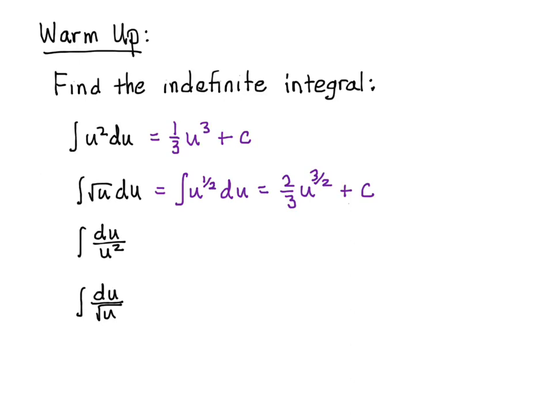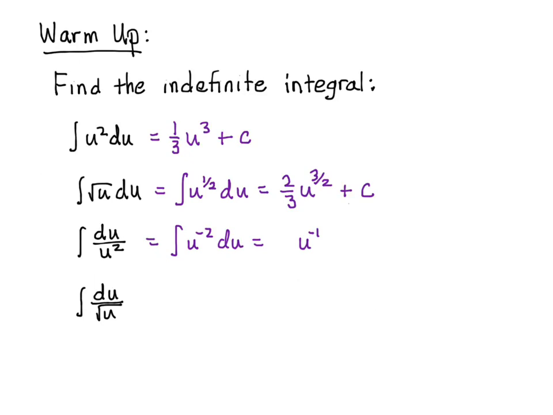Now this third one here, the integral of du over u squared, again, write that as a simple exponent, and so it becomes u to the -2. And so when we find the integral of it, we add 1 to -2, which makes it -1.